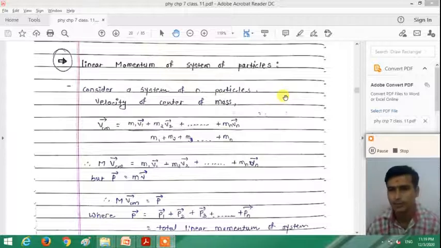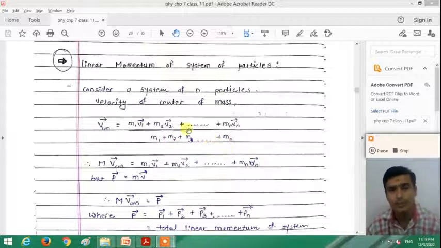From that equation of the position vector, we can easily find the velocity of the center of mass. The velocity of the center of mass is given by the equation VCM is equal to m1v1 plus m2v2 up to mnvn divided by m1 plus m2 plus up to mn, right?